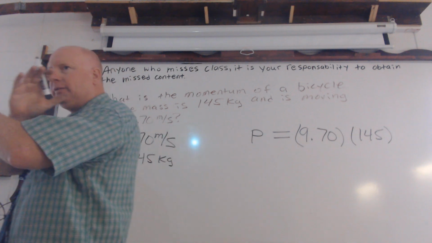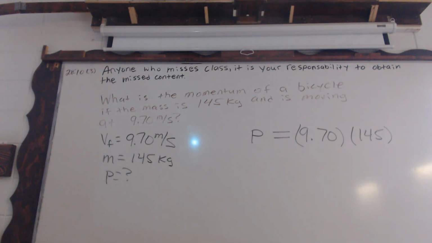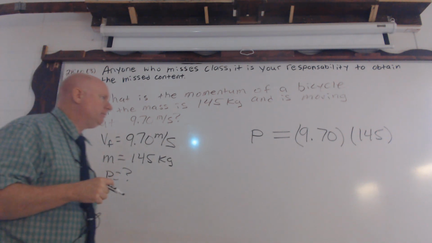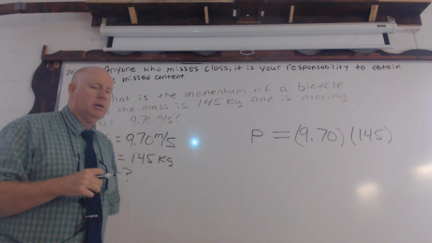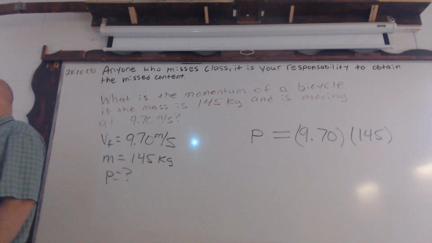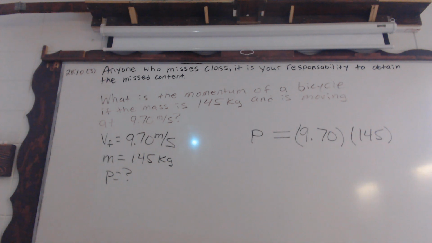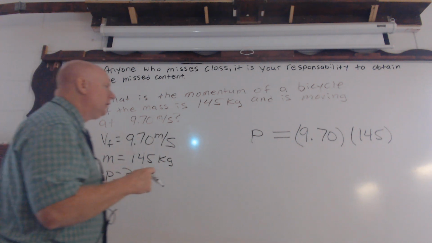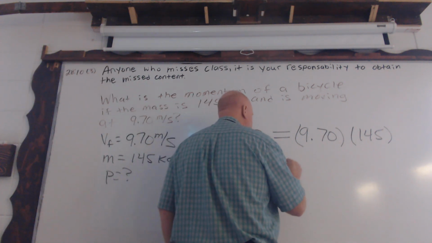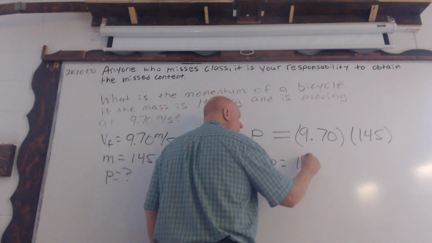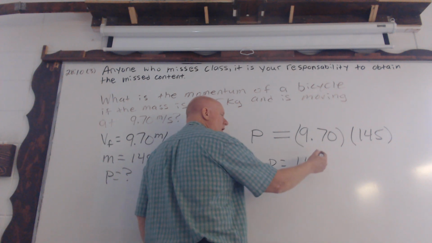You can put an X between there, whatever it is, or a dot, not a decimal, whatever it is that you feel more comfortable with as far as illustrating a multiplication. Okay? So, what does the formula tell you to do? Yeah. And what do we get when we multiply those?